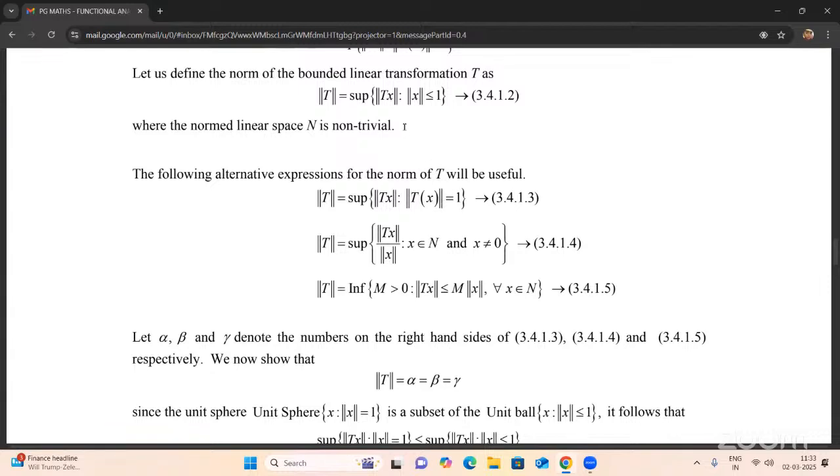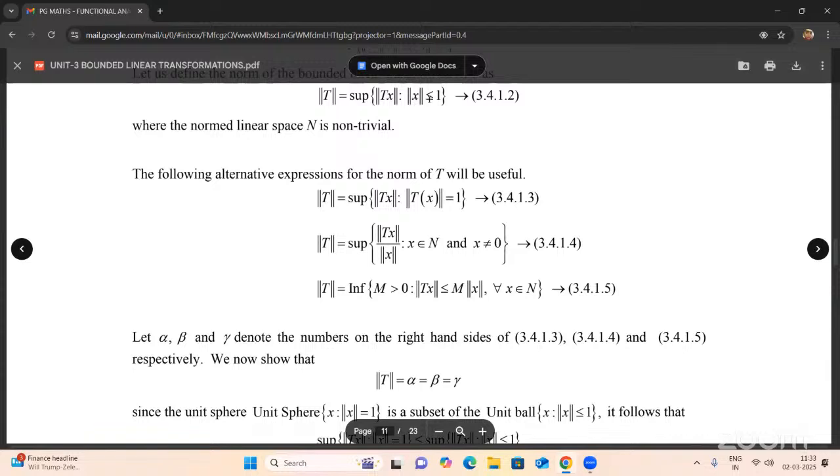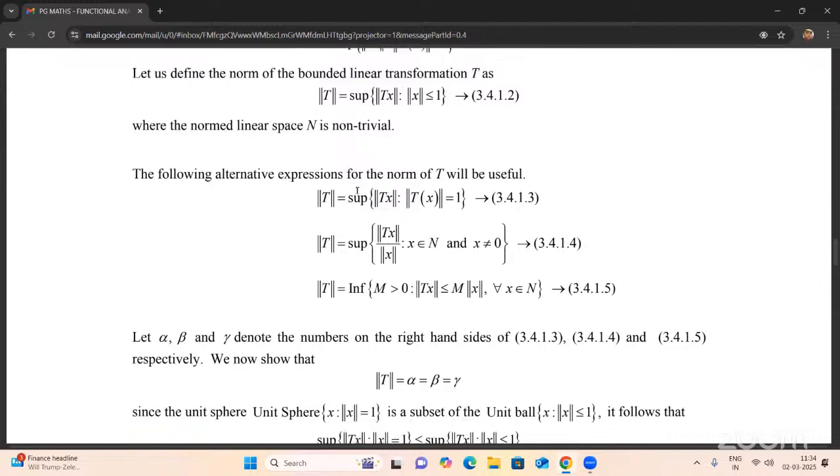There is no doubt. Here, from the closed unit sphere, norm x is less than or equal to 1. That is the second condition of the norm. And the third definition of the norm is the supremum of norm T(x), but here norm x must be 1. That is the third one.